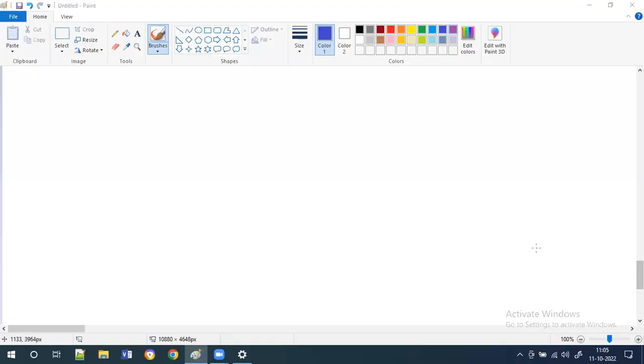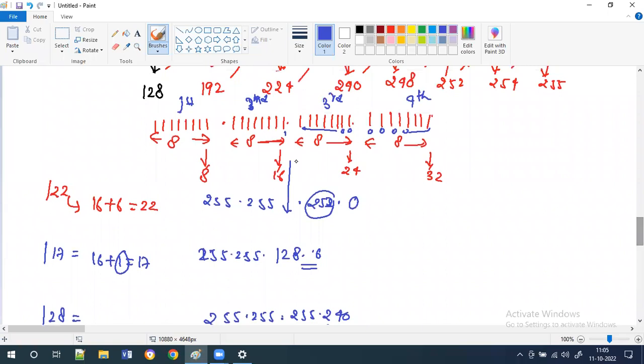Next, higher value. Right? So let's take the same example, slash 21. Changes are happening in the third octet. Right? Third octet means 16 and 24. So last time in the previous one we took the 16.